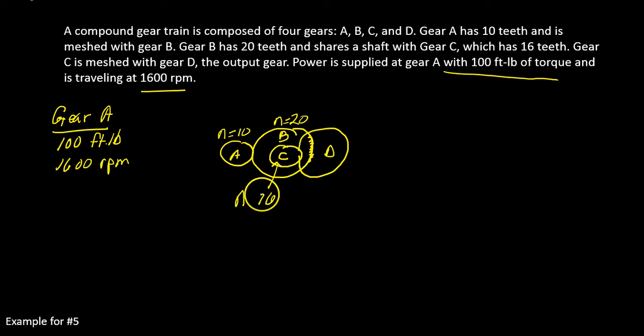Let's put it in proper format. And the number of teeth at D, what did it say? Well, it didn't tell us, did it? So N_D will represent that we don't know. Okay, so that's the first thing we would have to do moving forward in this calculation. So if you draw your gear train like this, you have done a good job, and you're ready to move on with the calculations.